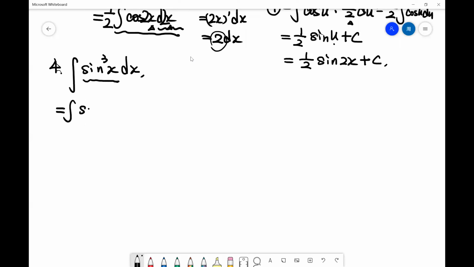The first, that is sine x squared. The second part, that is sine x dx. Does any student know why I have to separate it into two parts? The first is power 2 times the power 1. Anyone knows?